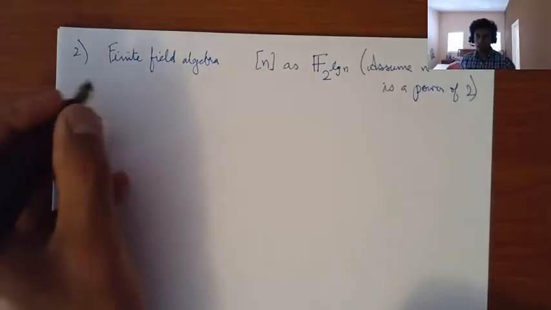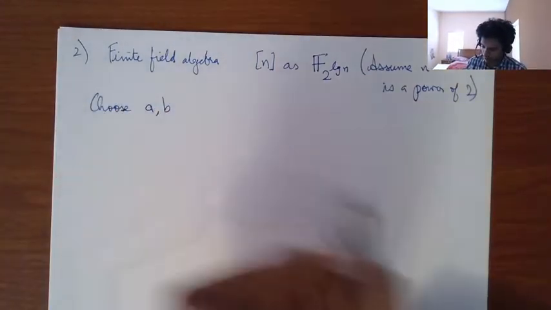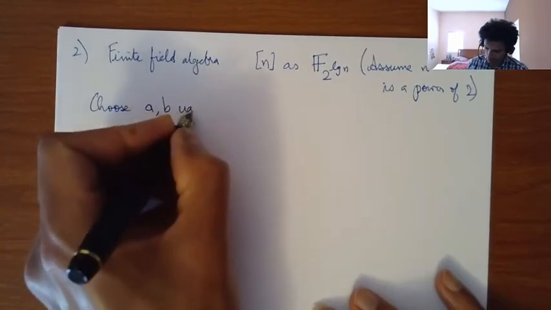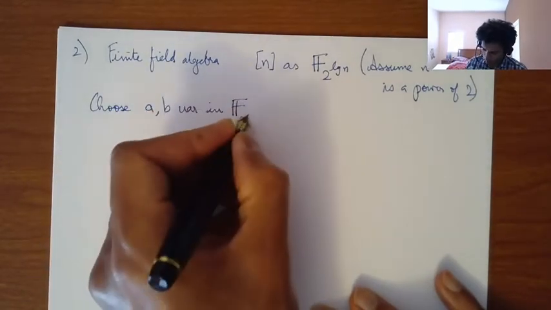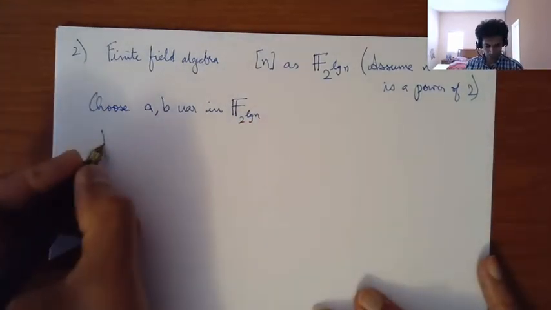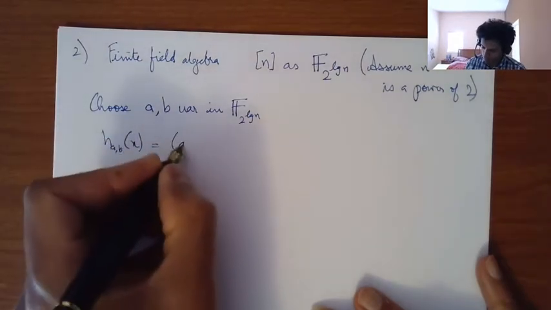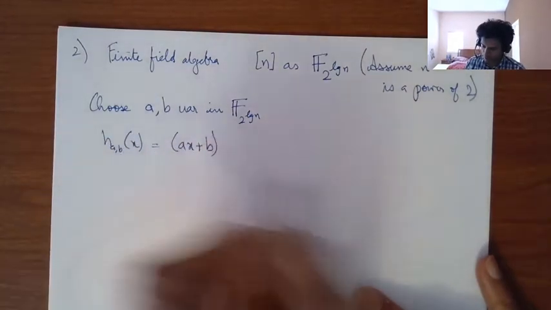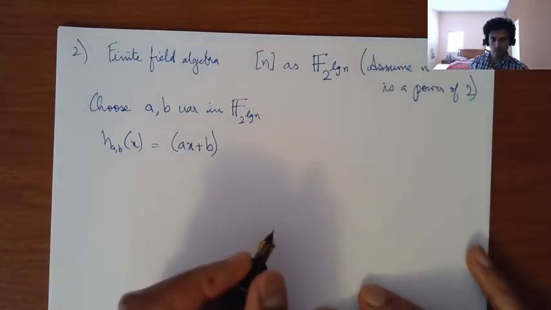Now how is the family chosen? So we choose A and B uniform at random in this field, and h of x is basically just going to be ax plus b, but truncated.